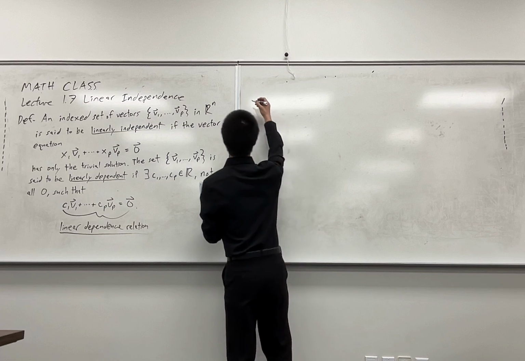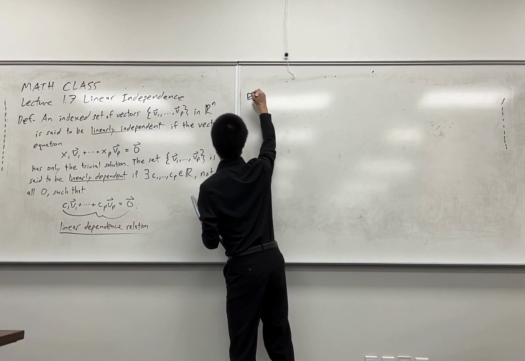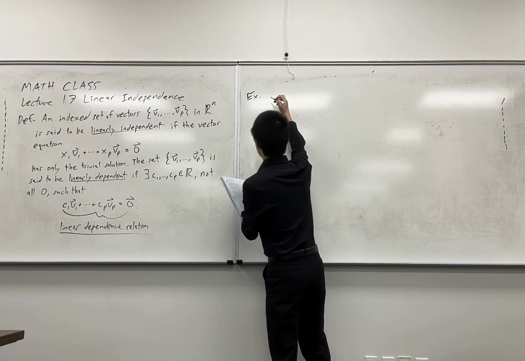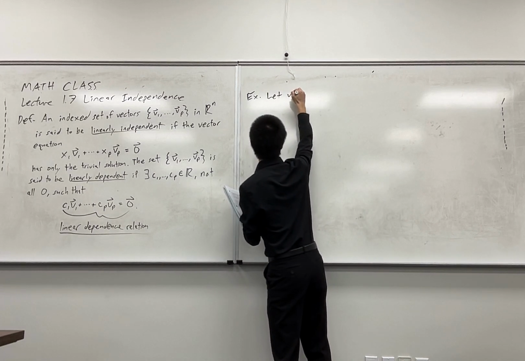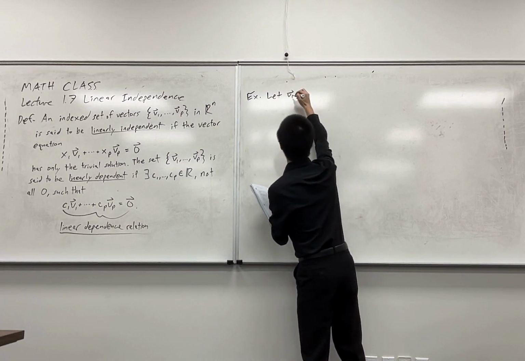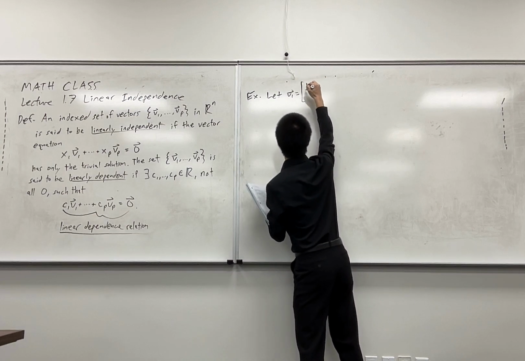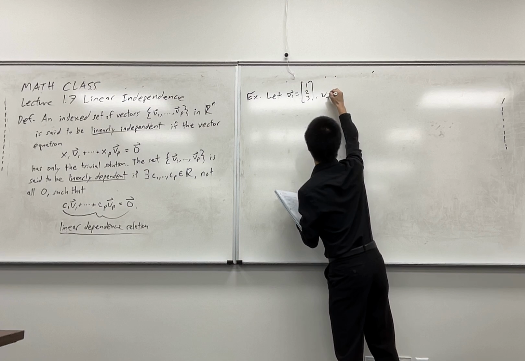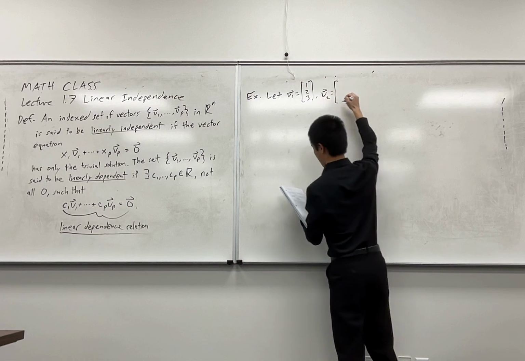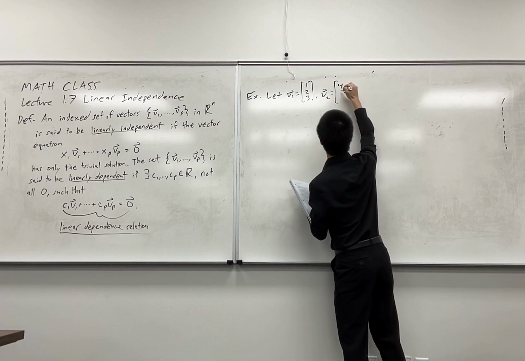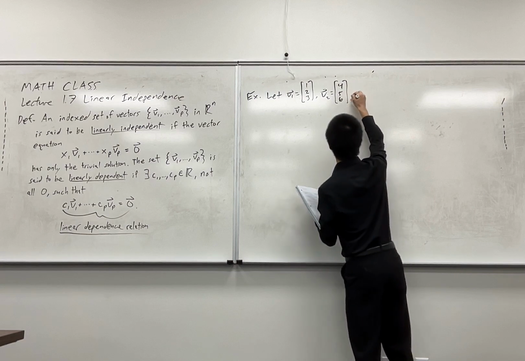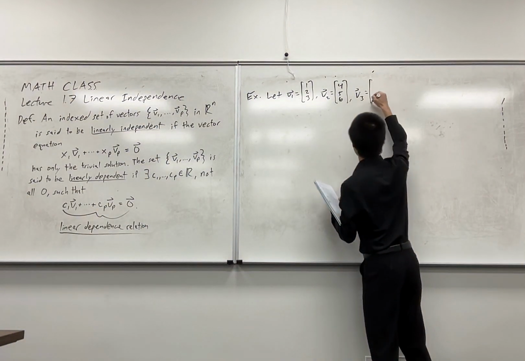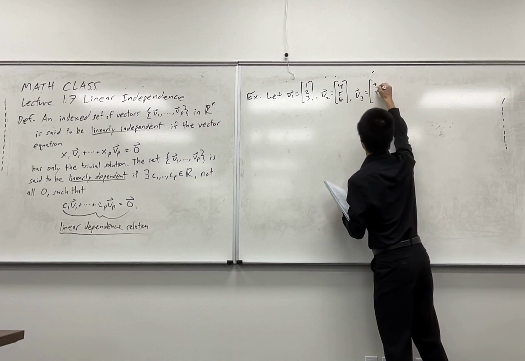Let's go through an example and see what this is about. Let's define v1 as 1, 2, 3, v2 as 4, 5, 6, and then v3 as 2, 1, 0.